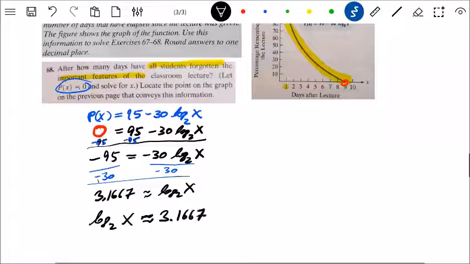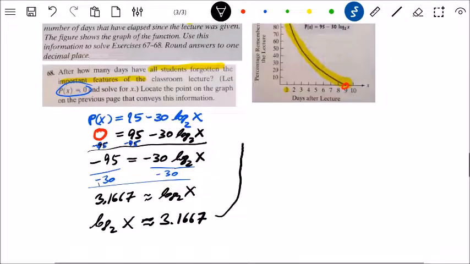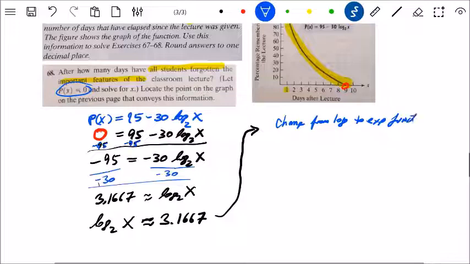And now we're going to use the technique where we're going to change this from logarithmic to exponential function. Change from log to exponential function.